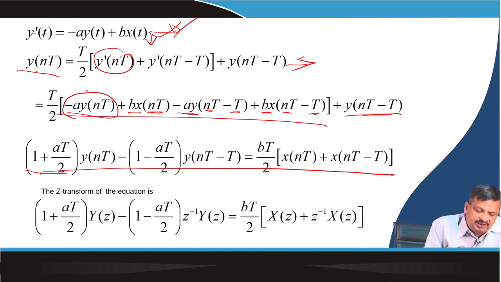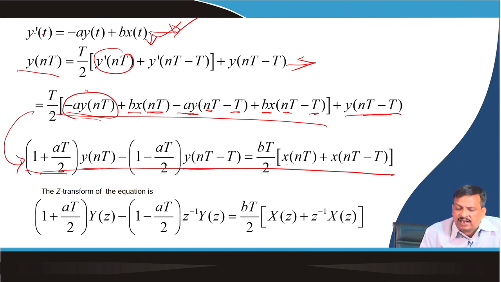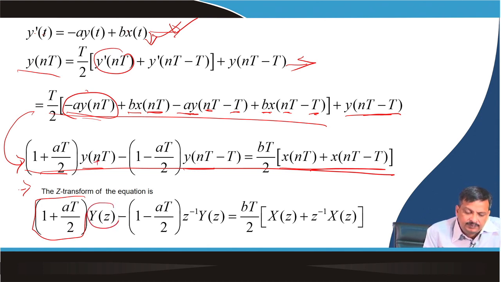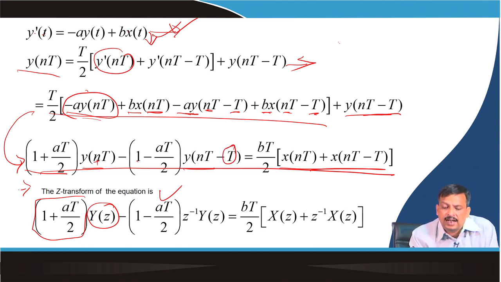Now, if I take the z transform on both sides, I simplify so all the y are on one side and all the x on the other side. Now I take the z transform. So this is (1 plus aT) divided by 2 into Y(z). Now, this is minus T. What is the minus T? nT minus T. What is T?